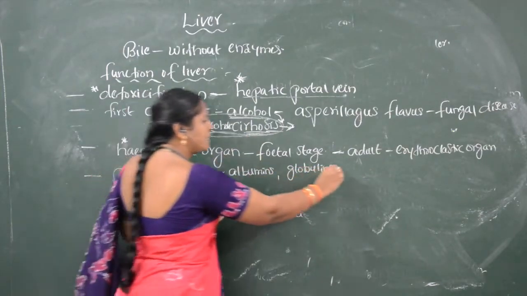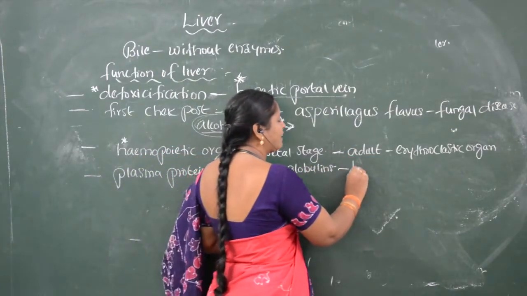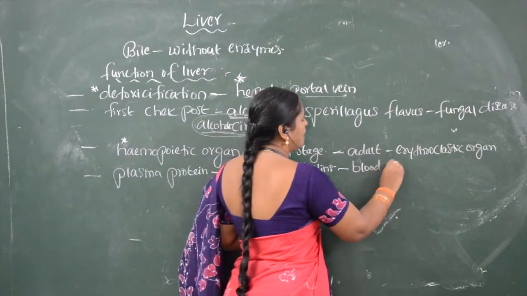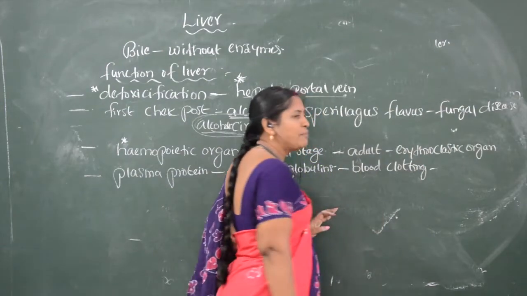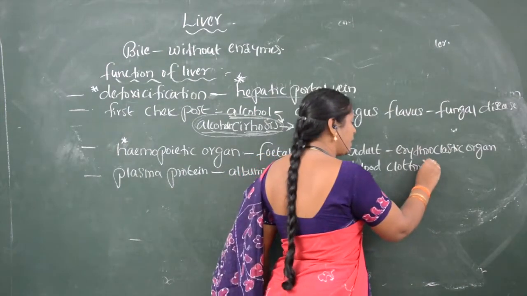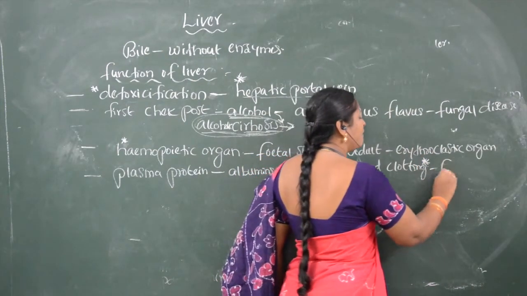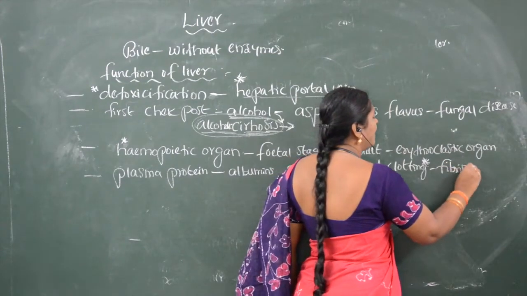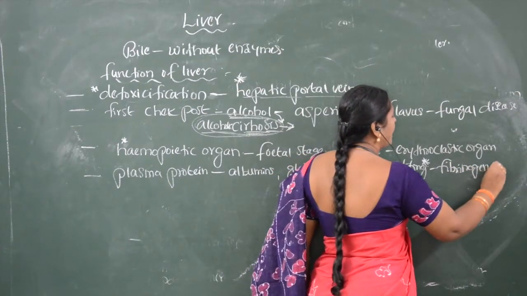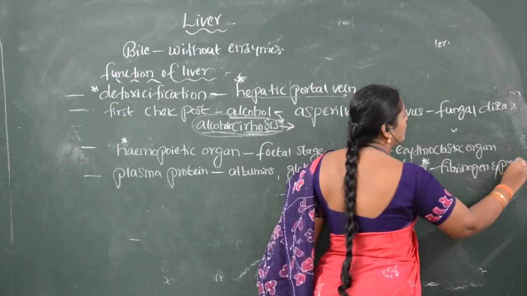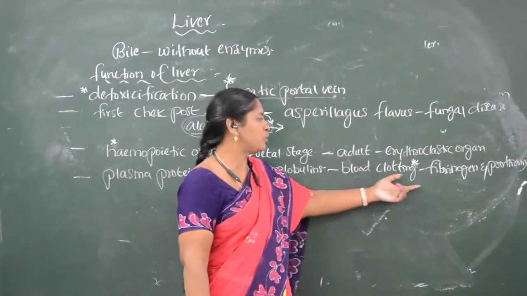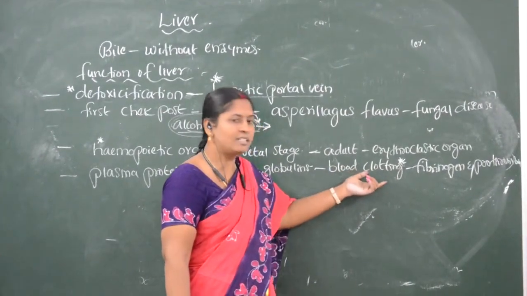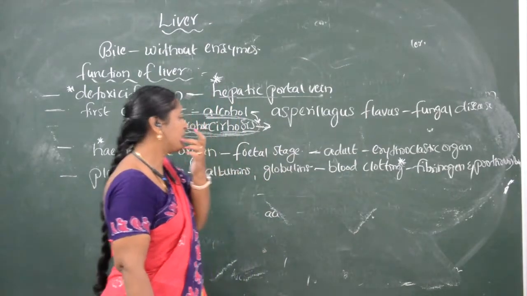And along with this, blood clotting factors. What are blood clotting factors? Fibrinogen and prothrombin. Very important. These both, fibrinogen and prothrombin, are the blood clotting factors, and they are also produced from the liver.